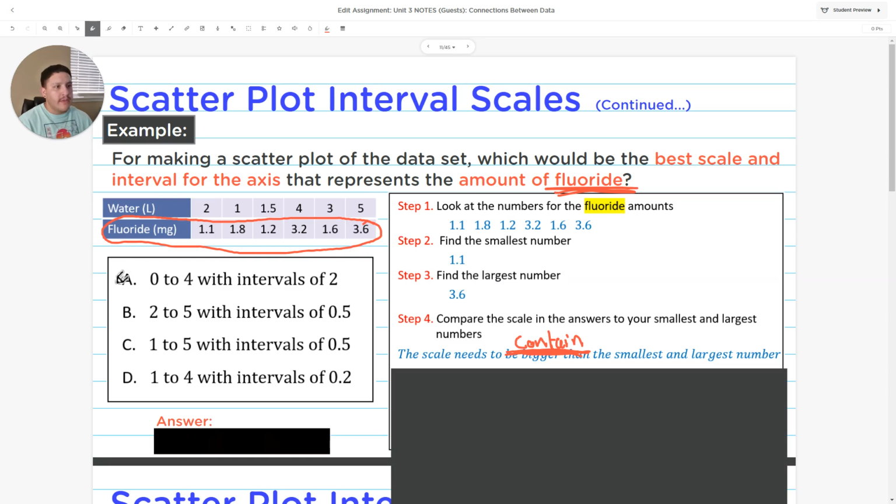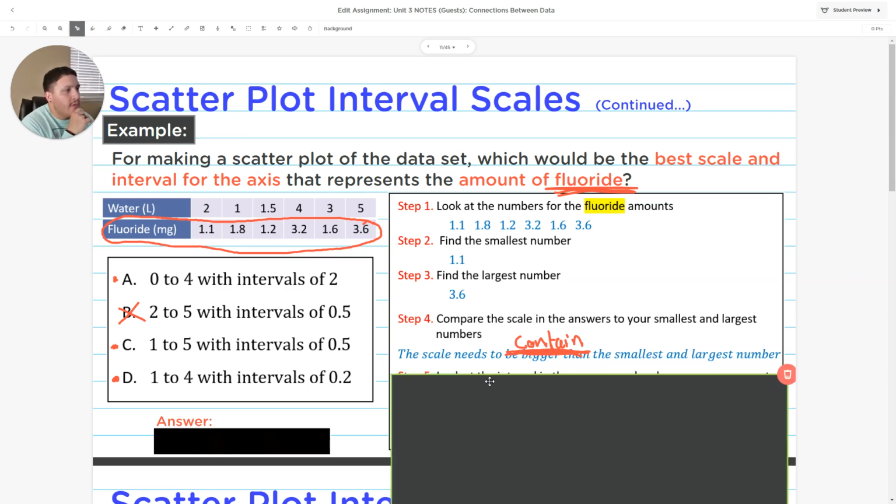So A is a possibility. From 2 to 5, does it contain my two numbers? No. While it has 3.6, it does not have the 1.1 because it starts at 2. So B is no good. C, from 1 to 5. Yes, that's also good. So I'm going to consider that. Now, D, from 1 to 4. Again, yes. So I'm going to consider D as well.